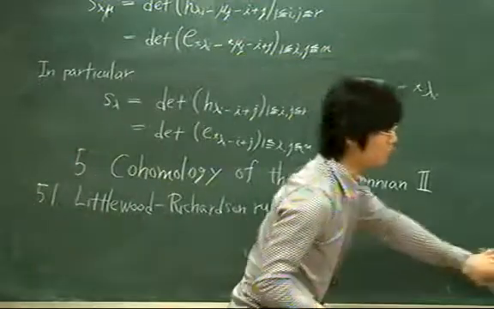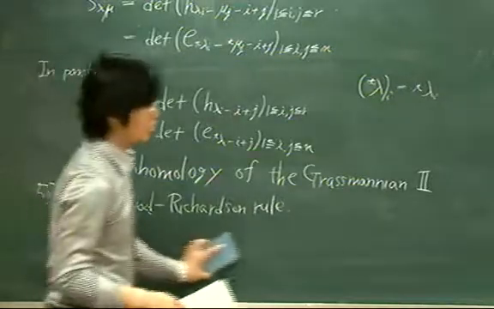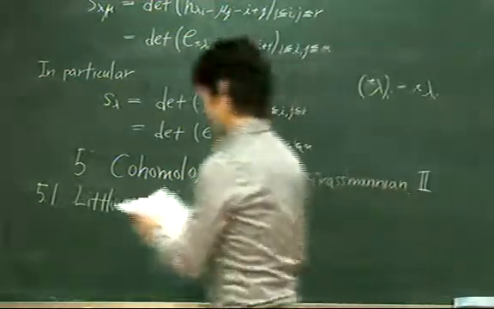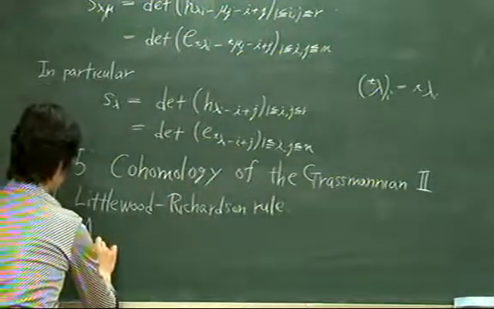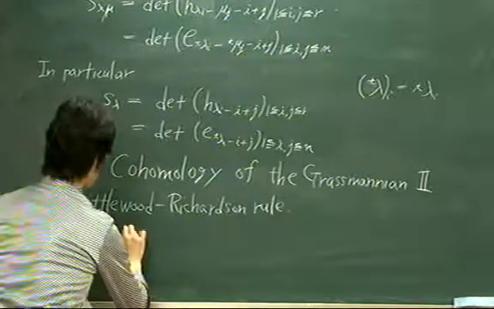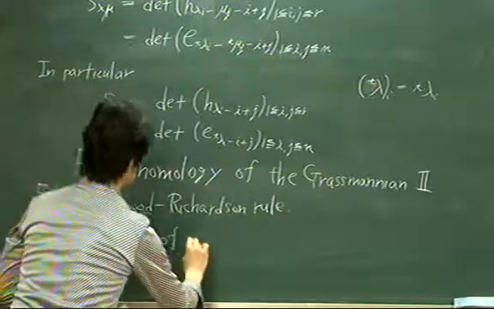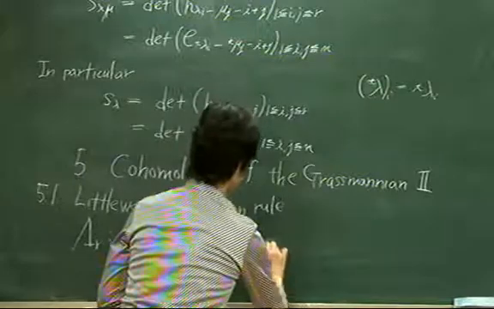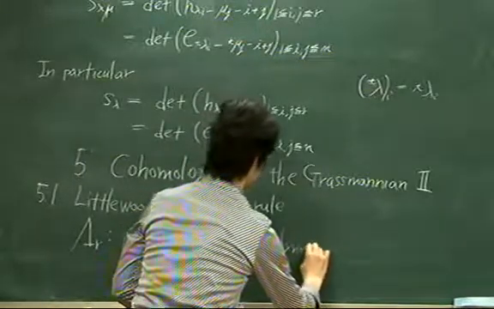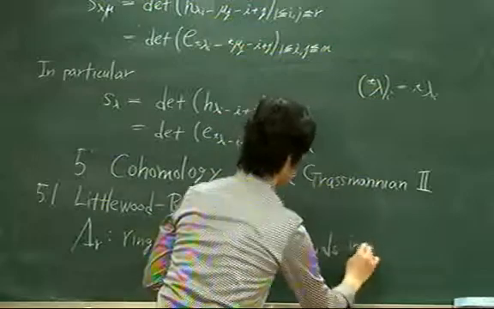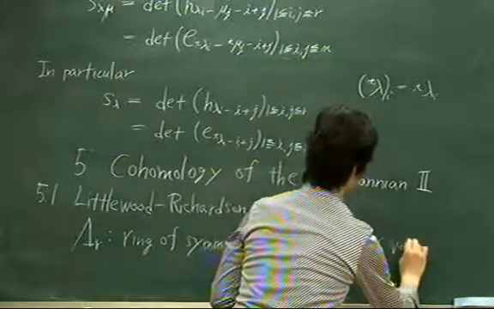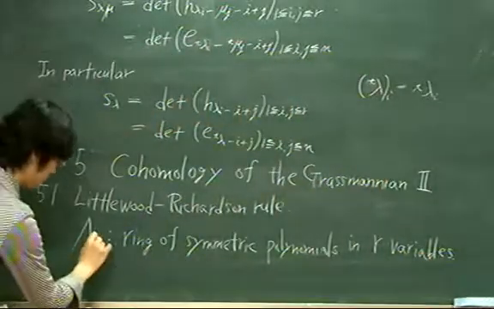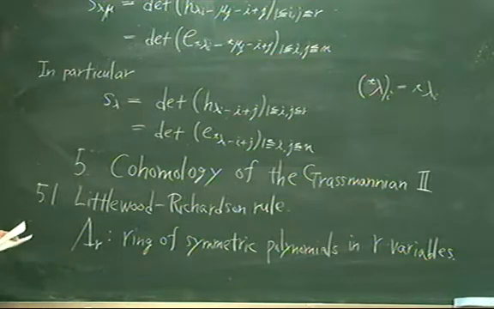As you might already notice, the structure constant is given by the LR coefficients. So let lambda_R be the ring of symmetric polynomials in R variables. R is the number of variables.